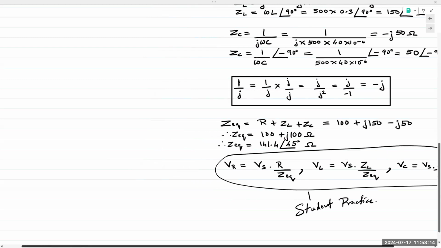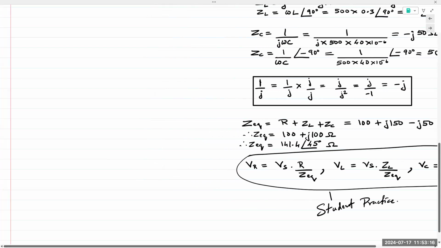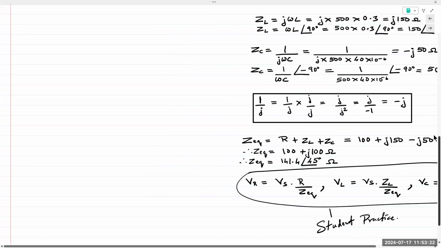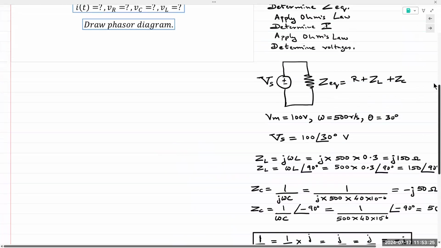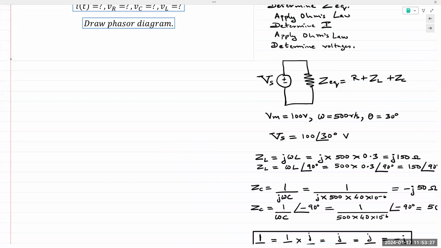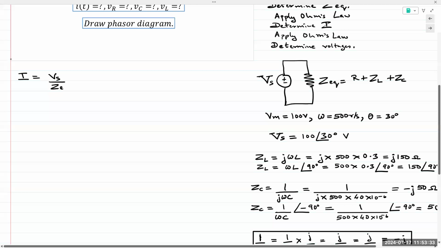Okay, so let's go ahead and do this. I have about 7 minutes left, so I'll go over the steps, but the calculations will move a little quickly. Applying Ohm's law, I is Vs over ZEQ. Vs is 100 with a phase of 30 degrees, so magnitude of 100 divided by 141.4, the magnitude of the impedance.